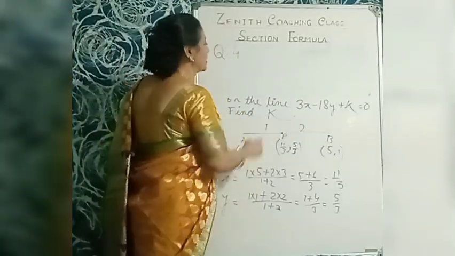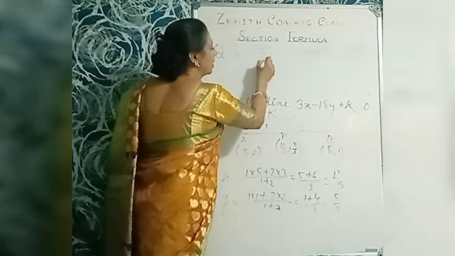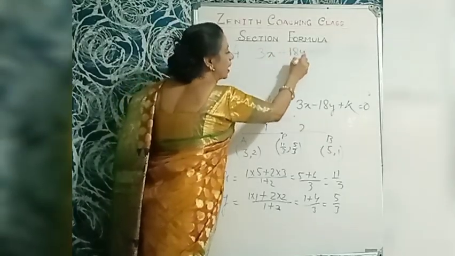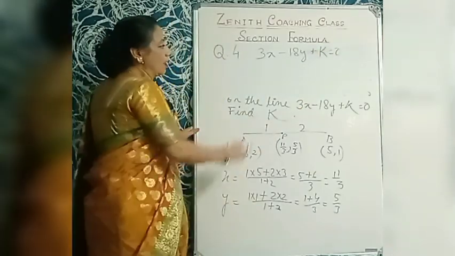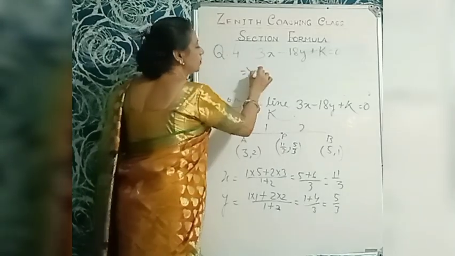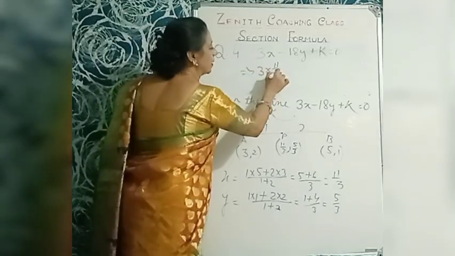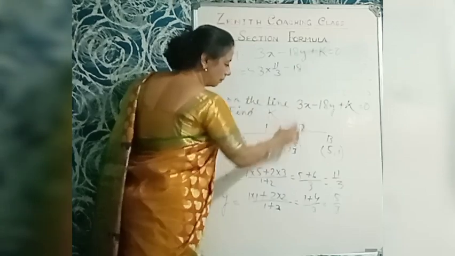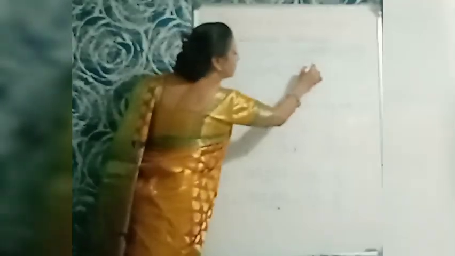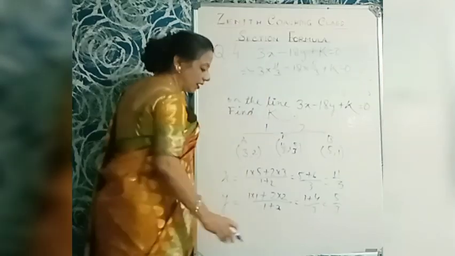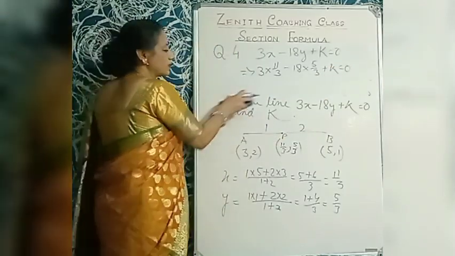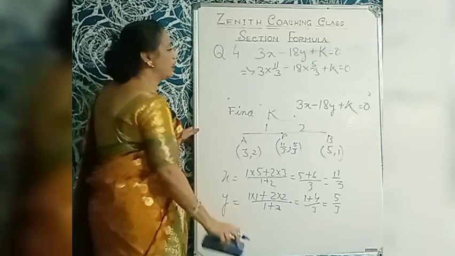So now I am writing here 3x minus 18y plus k equals 0. Now the value of x is 11 by 3. So substitute: 3 multiplied by 11 by 3 minus 18 multiplied by 5 by 3 plus k equals 0. Now you are thinking, oh yes, we can find out the value of k.